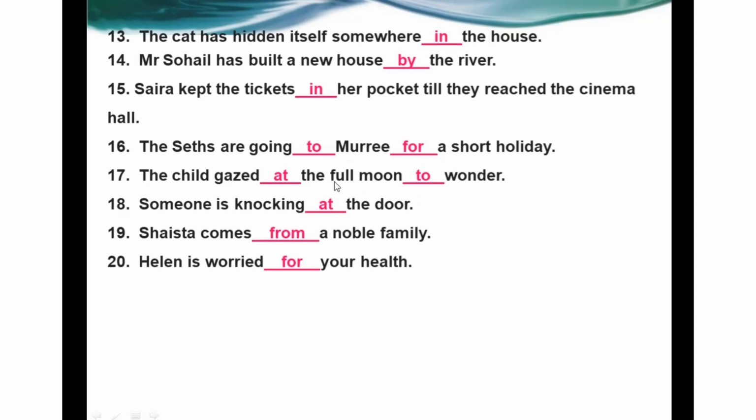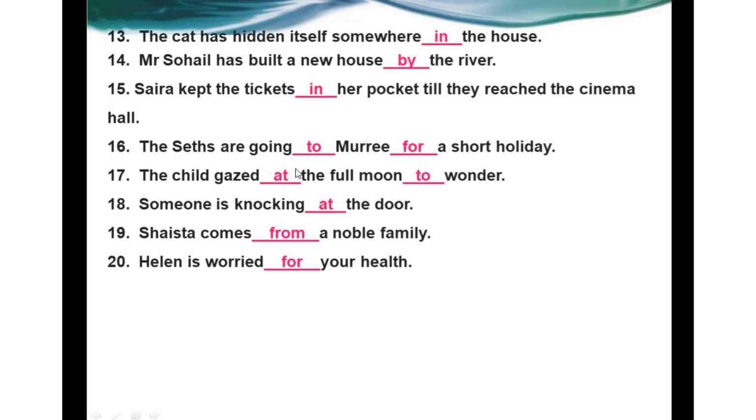And obviously when people stare, they wonder also, right, how bright it is, how people go, how do they travel in rockets and all, and how shining and glowy it is, right, students? Like that people keep on wondering. So the correct preposition used here will be "at". The child gazed at the full moon. Gazed at the full moon.